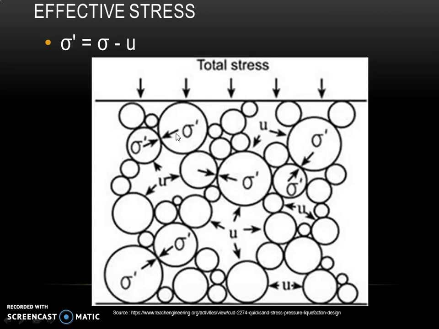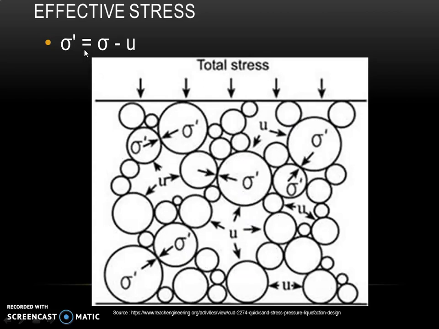So sigma dash represents the stress exerted by the soil particles. These circles represent soil grains and sigma dash is the stress exerted by these soil grains. And the voids are filled up with water. So U is the pressure exerted by water on the surrounding soil particles.